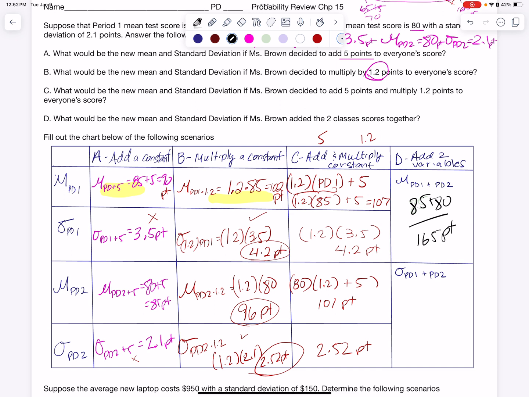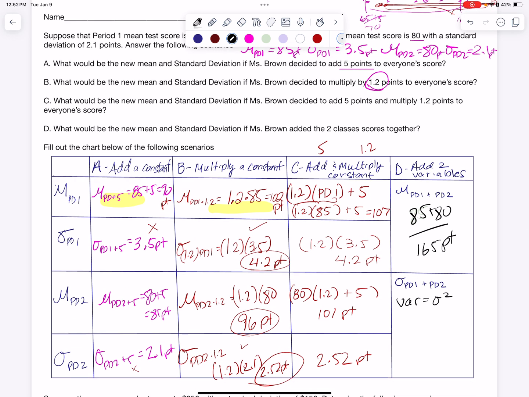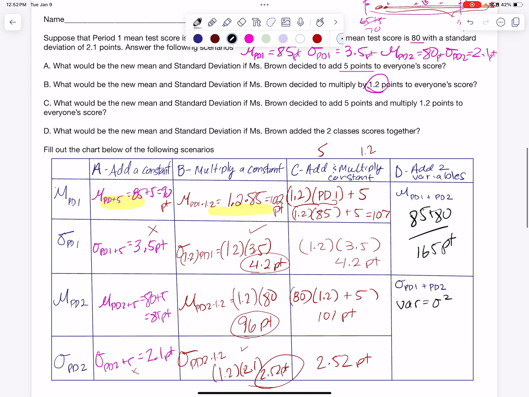The standard deviation, you cannot add two standard deviations, remember, but you can add their variances. So if I add their variances, remember the variance is just standard deviation squared. And so the standard deviation is going to be 3.5. So 3.5 squared is the first one, and the second one is 2.1 squared.